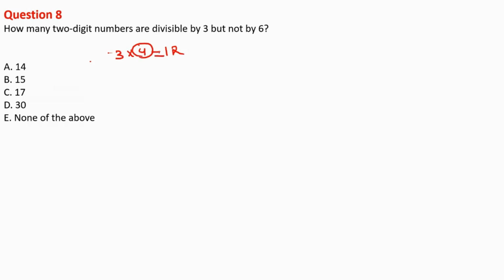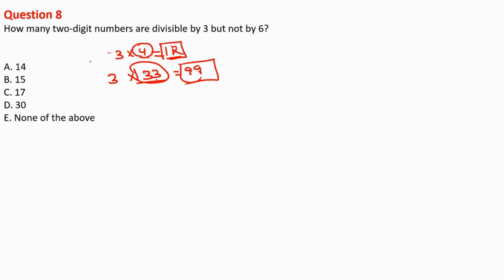Till 3 times 3, we have a single digit number, that's 9. So 3 times 4 is 12. The first two-digit number that is divisible by 3 is 3 times 4, that is 12. And the last two-digit number that's divisible by 3 is 3 times 33, that is 99.